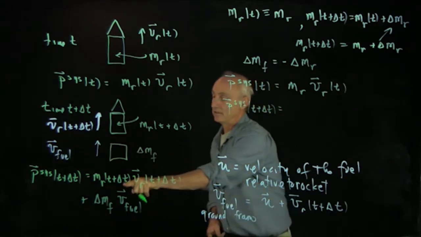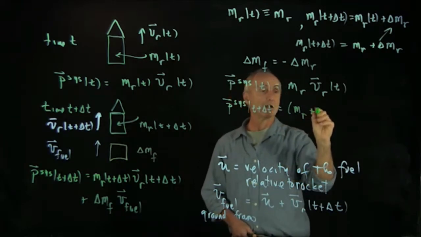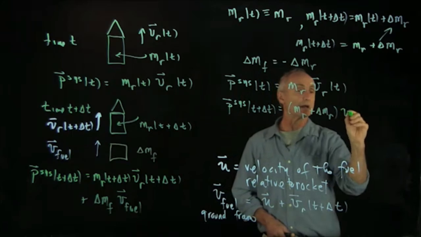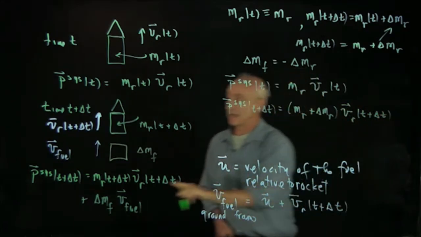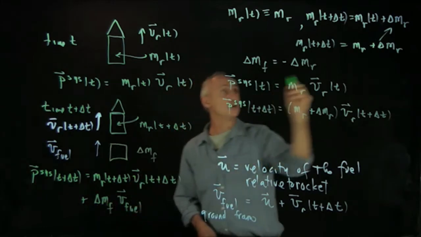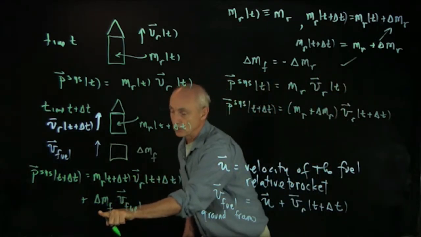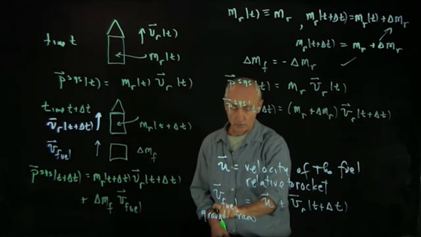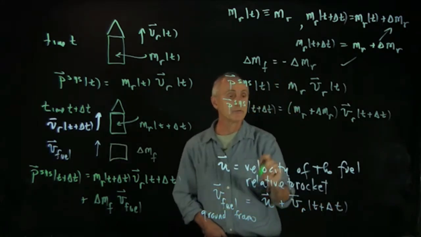Well, we have the first piece, which is m_r + Δm_r times the velocity of the rocket at time t + Δt. Now, be careful here because we're going to use our conservation of mass condition to replace Δm_fuel with minus Δm_rocket, and we'll use our expression for the velocity of the fuel in the ground frame of the rocket.